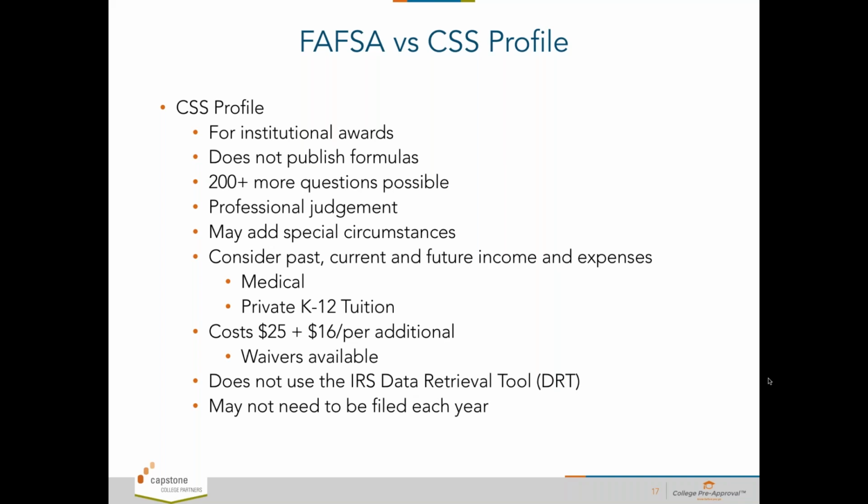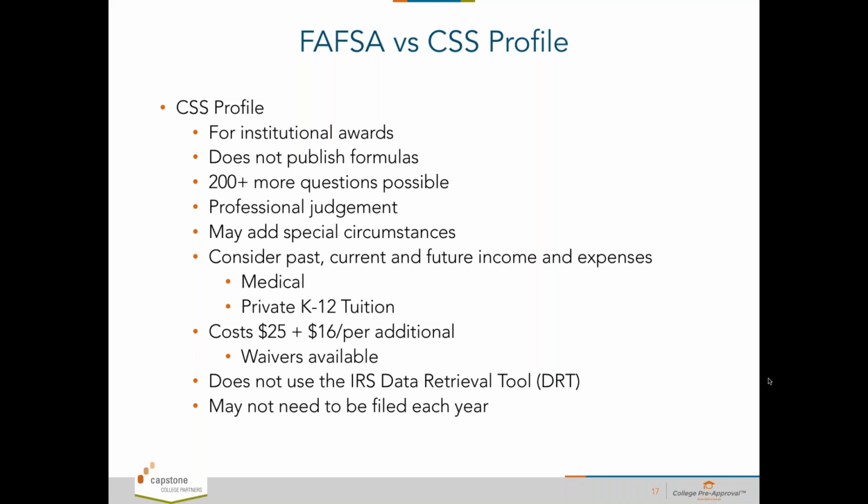So it's actually decreased the errors significantly on the FAFSA, and it's also sped up the process significantly. So the FAFSA really these days is relatively quick if you can pull in the information from the IRS, that's become fairly quick.